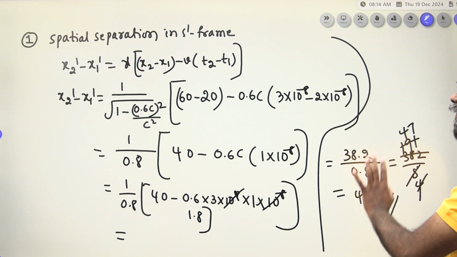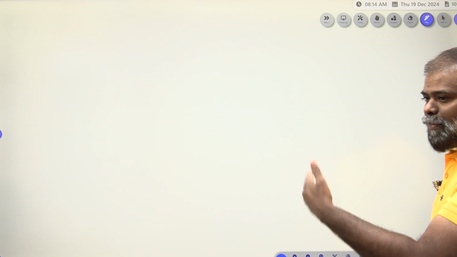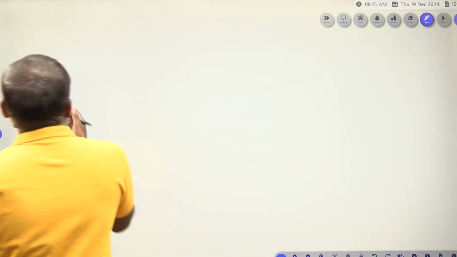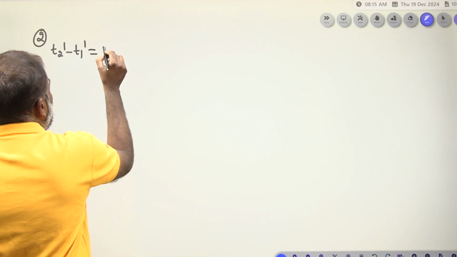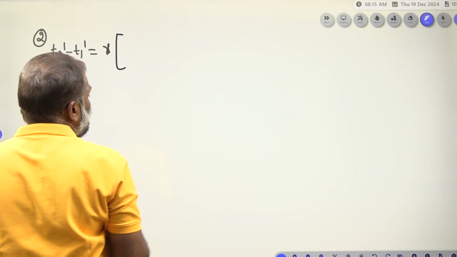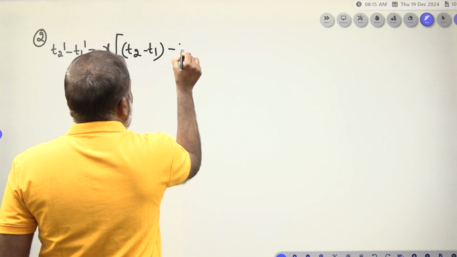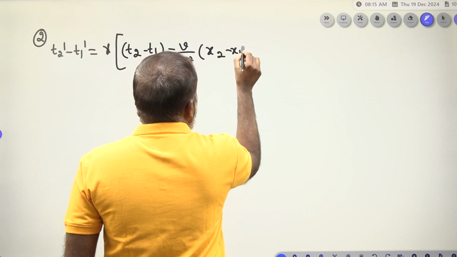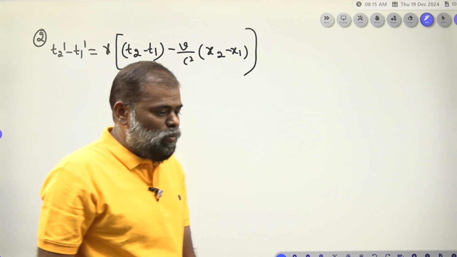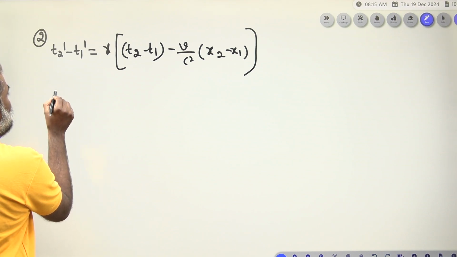The same way we have to calculate the time interval in S dash frame. The second one you have to see: T2 dash minus T1 dash is equal to gamma into T2 minus T1 minus V by C square into x2 minus x1.